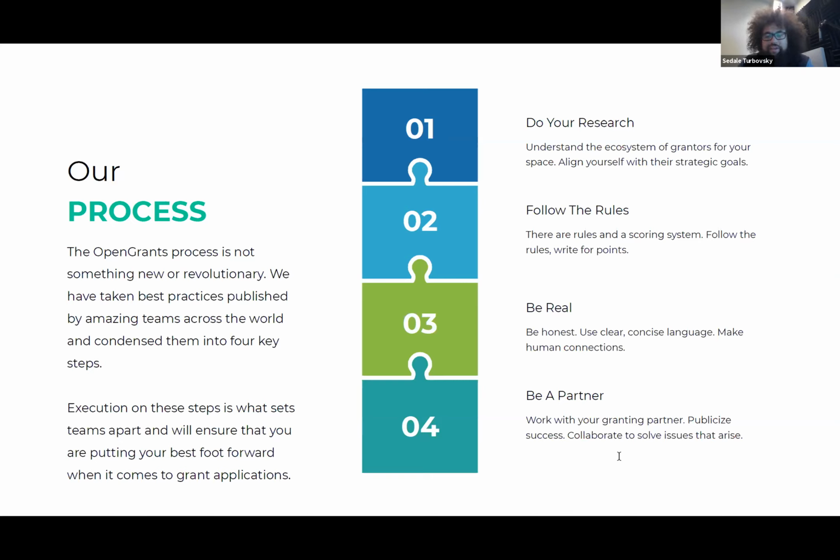And this next one kind of capitalizes on that concept, and that is to be very real. So be honest, of course, don't lie. That happens, it shouldn't. So be a good person, don't lie. Use clear, concise language when you're describing what you're working on. Understand that the people who are looking to give you money may not be subject matter experts.